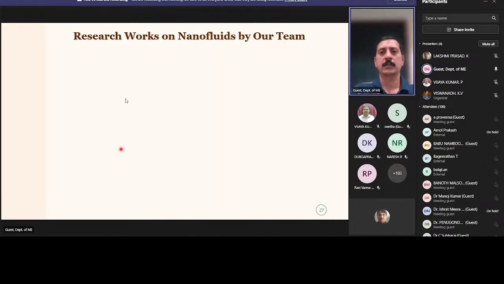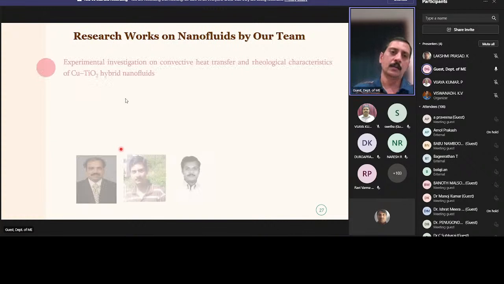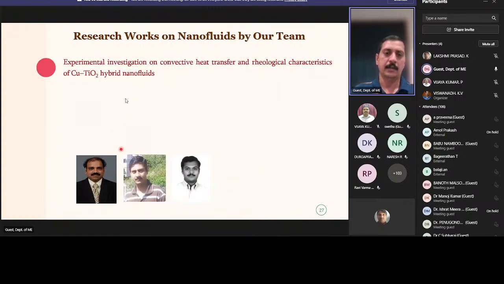And coming to the research work which we have performed on nanofluids in recent times. Our team, under the supervision of Professor Kanai Selvam, has conducted a study on the copper titanium hybrid nanofluid.